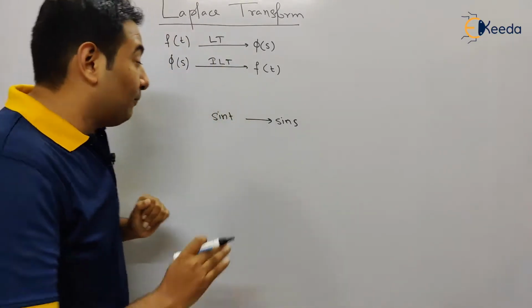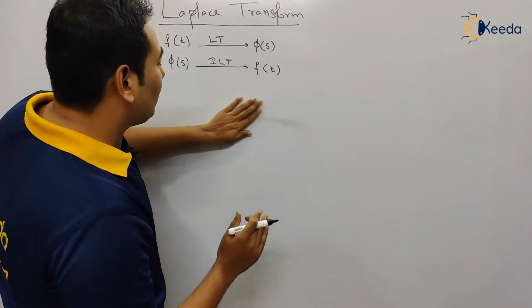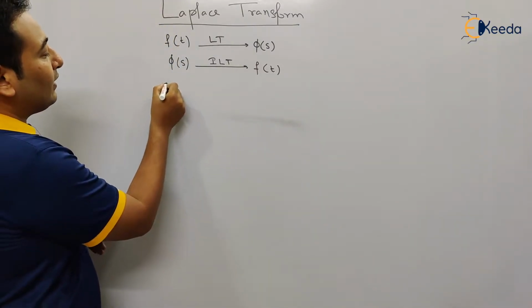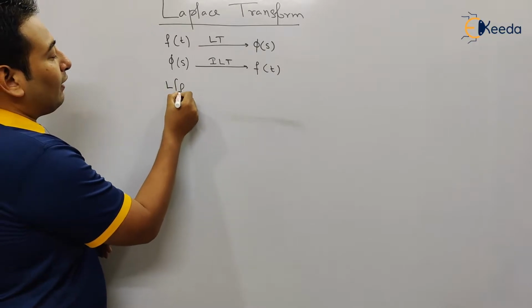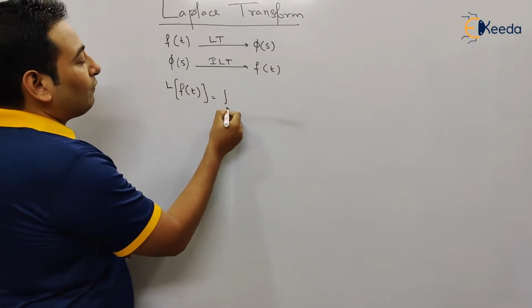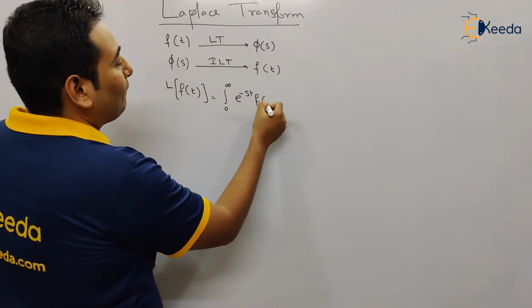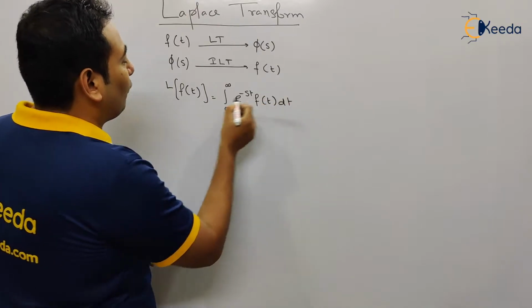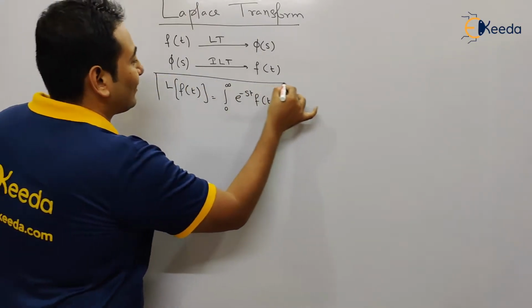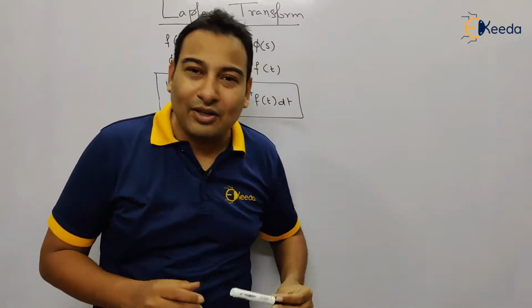So what is it? For converting a problem from T to S, we have a special formula. The formula is Laplace of f of t is equal to the integration from 0 to infinity of e raised to minus st times f of t dt. This is the formula for converting a problem from T to S, or basically the formula for finding the Laplace transform.